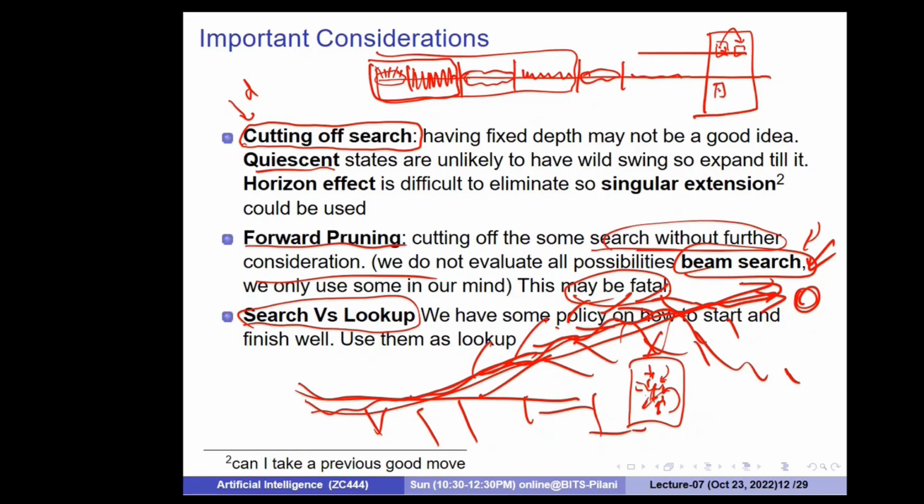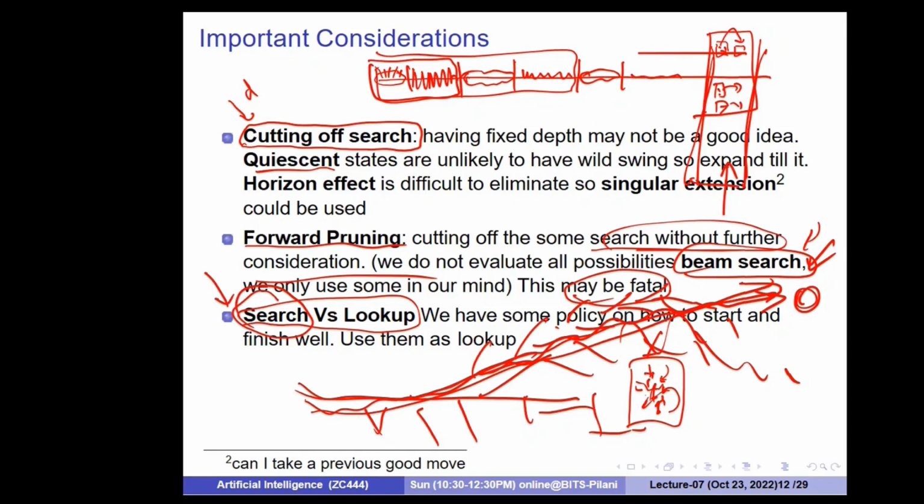If this was the board position, what move did they take? If I maintain this particular list, I can do a lookup also. So I need not go into the search, because search is going to take a lot of time. If this kind of table is already available to me, I can just look up and find out what is the good move for me and I can proceed. This could also be a good idea.